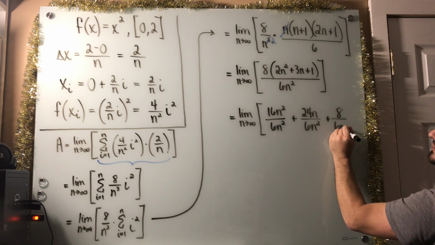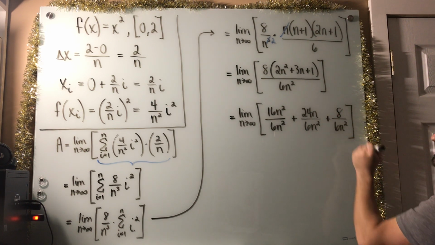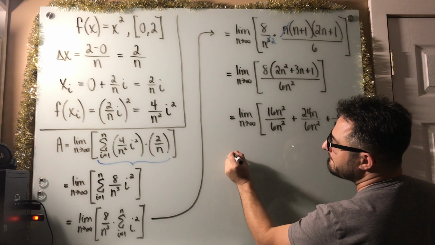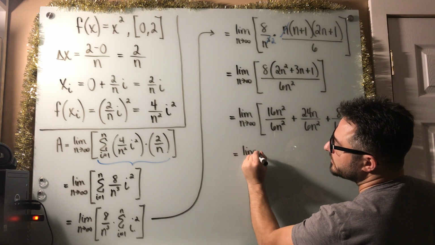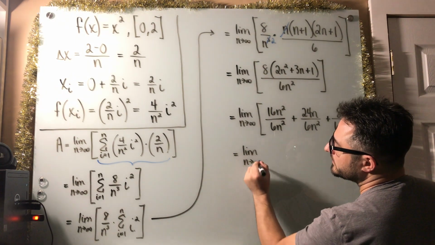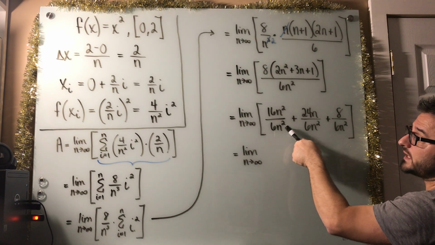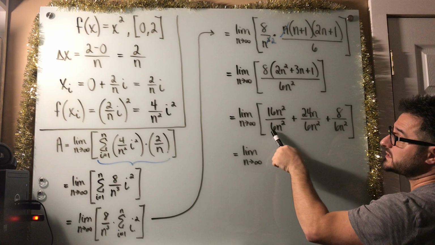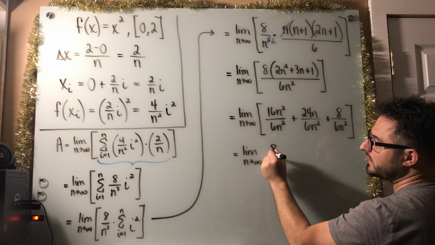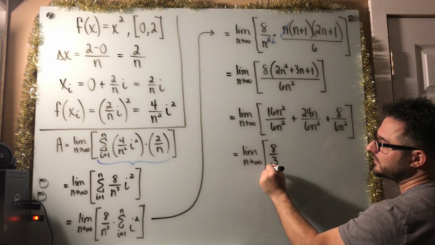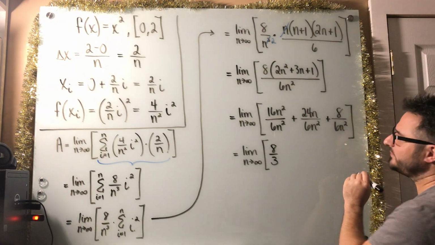But the 6n squared will also distribute in the denominator. Well, in this fraction, the n squareds cancel out entirely, and the 16 over 6 reduces to 8 over 3. There's a familiar value.